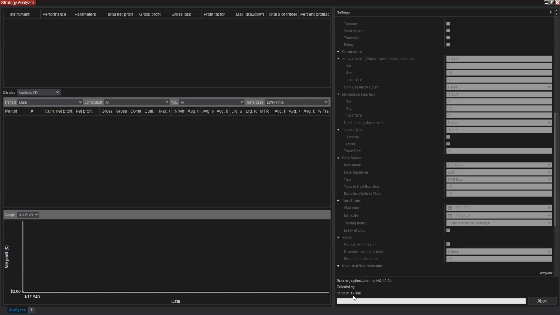The good thing about this strategy is the optimizations run pretty quickly, and also there aren't too many variables in it. We haven't added slots and things to this one yet. We're keeping it pretty simple as of right now, because it has pretty incredible results as it stands.